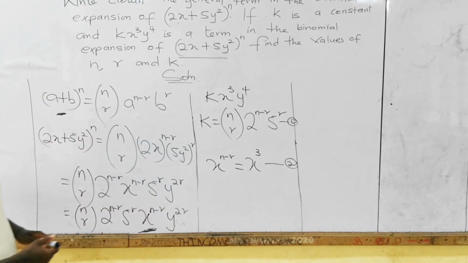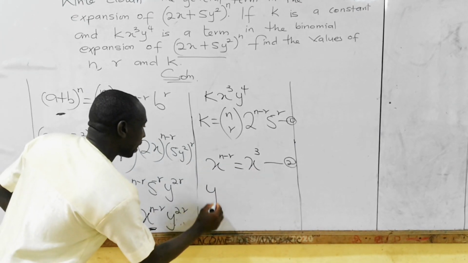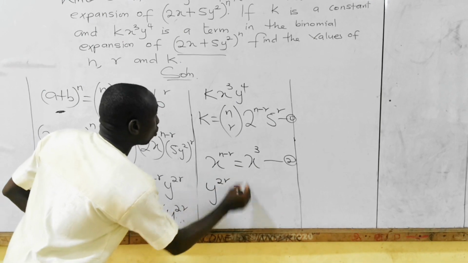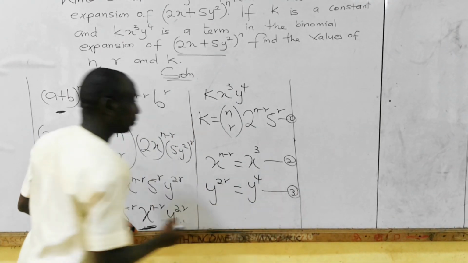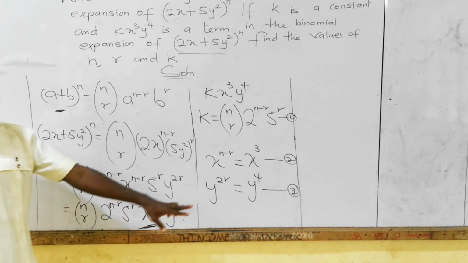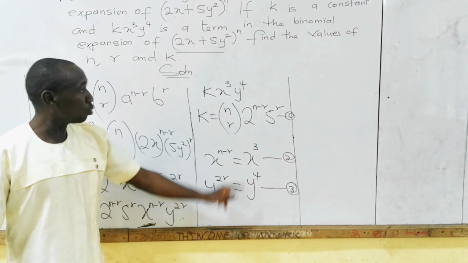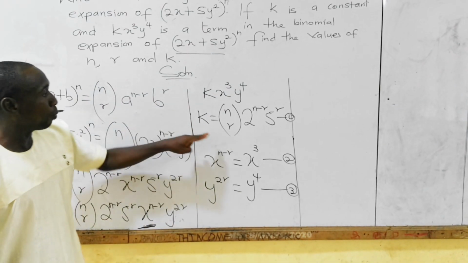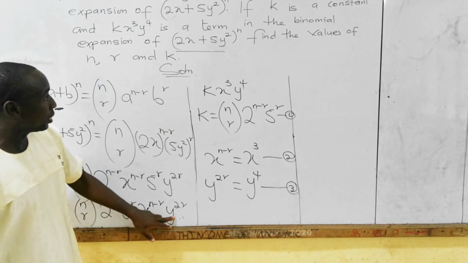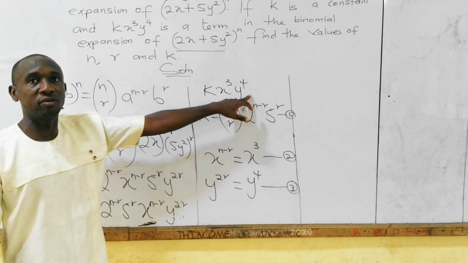And I can also write y^(2r) equals y⁴ as equation 3. So these are the two expressions we are getting by comparing this expression and the expression given in the question.